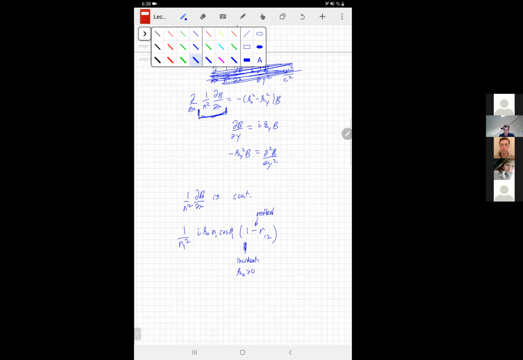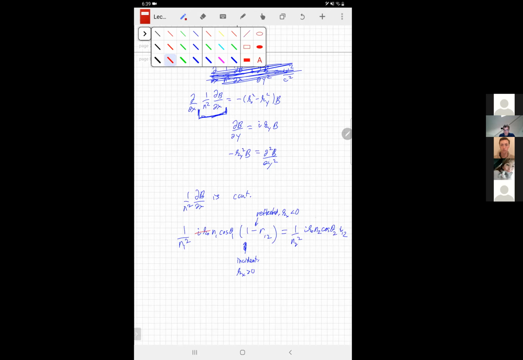Then for the reflected field, kx is less than 0. That's going to be equal to 1 over n2 squared i k0 n2 cosine theta 2 t12.